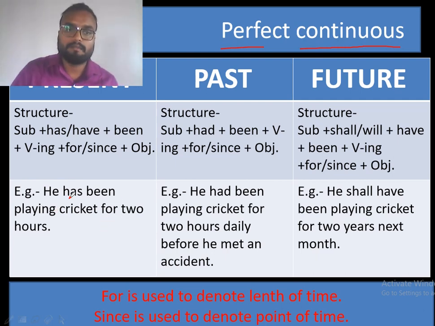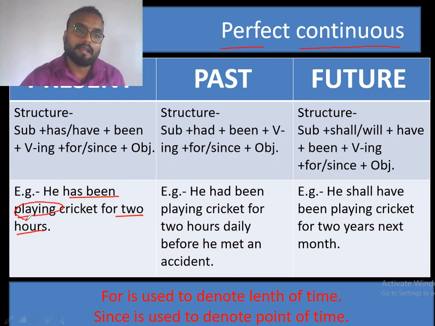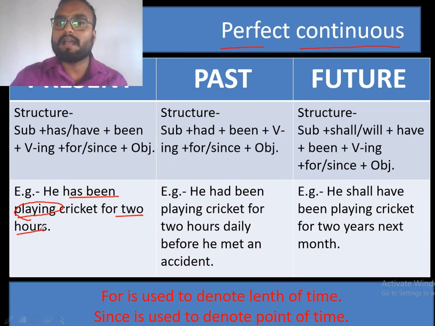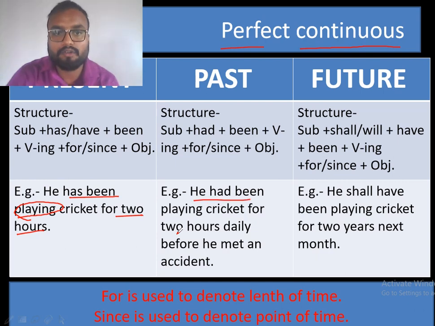So has been gives us a sense of perfectness. Has been along with time gives us a sense of perfectness, that yes, he is playing for 2 hours. And continuity, the action is still continued. To denote that, the ing form is used. In the past case, he had been playing cricket for 2 hours daily before he met an accident.